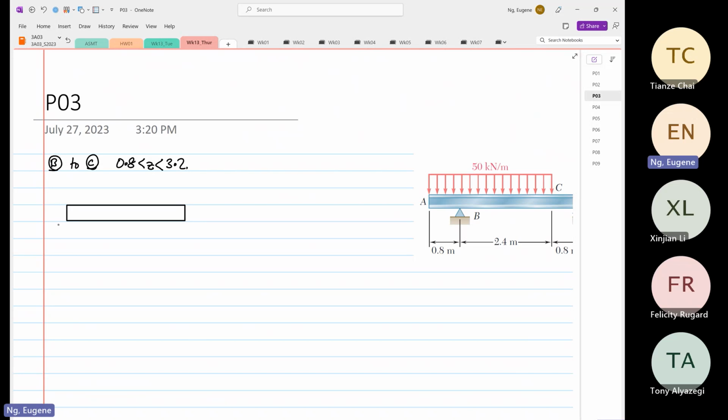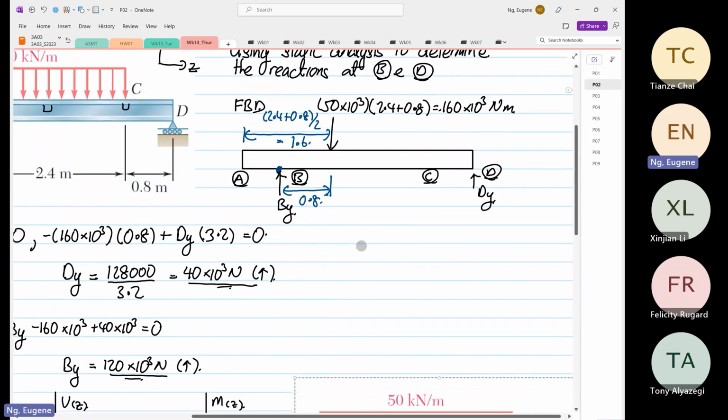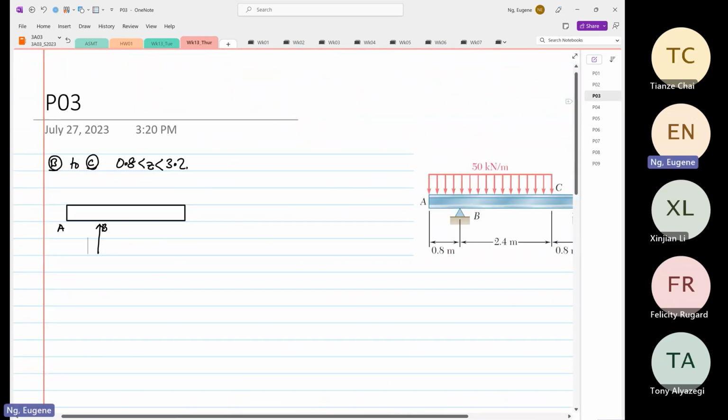So we know that this is our point A. At point B, you have a force going up, and at point B it is going up by 120 times 10 to the power 3.